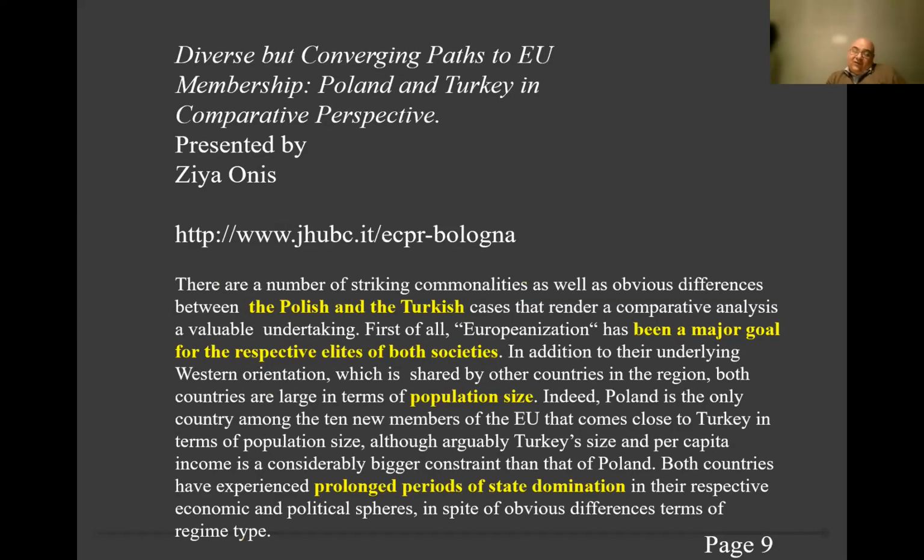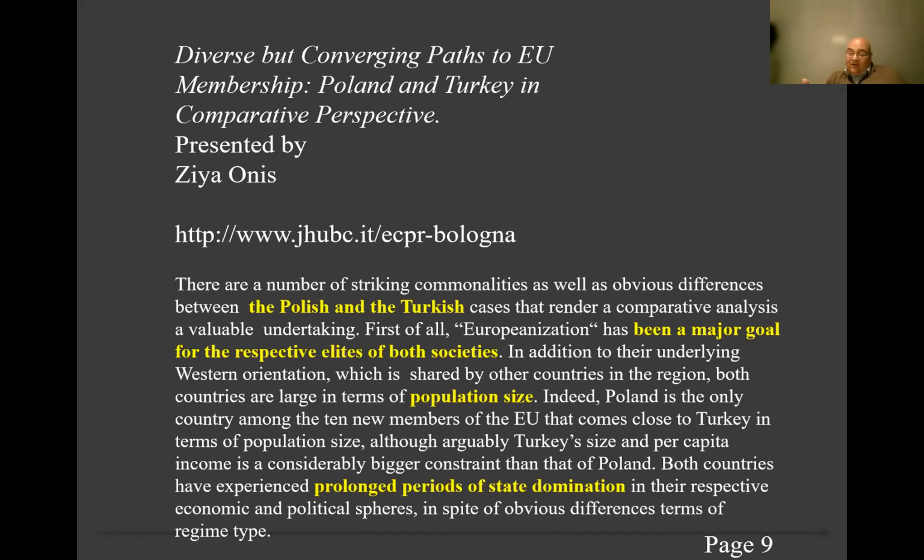Ziya Öniş is one of the leading scholars of comparative politics. He was comparing the Polish and Turkish cases. Okay, he says both countries are big. They are large countries. Both countries had longer periods of state domination for many years.